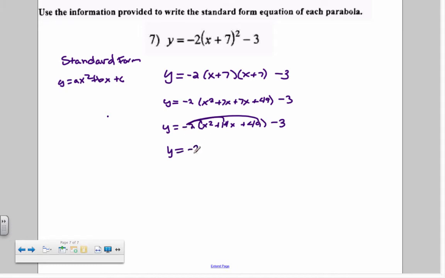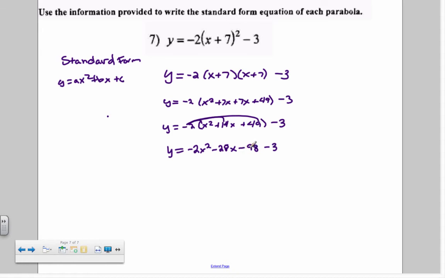And this becomes negative 2x squared minus 28x minus 2 times 49, that's 98. And then I have minus 3.